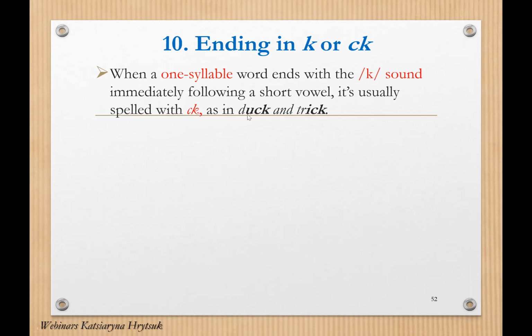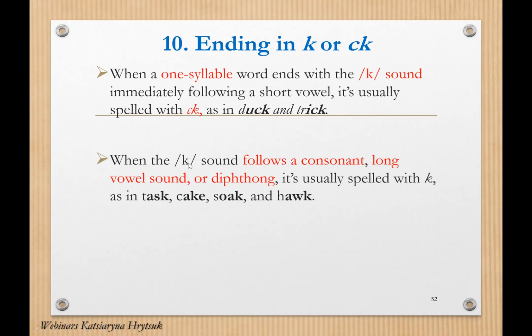So here, short vowel, we write CK and we read K. When the K sound follows a consonant or long vowel sound or diphthong, it's usually spelled K. Look, we have task, cake, soak, hawk, okay? Consonant, long vowel or diphthong.